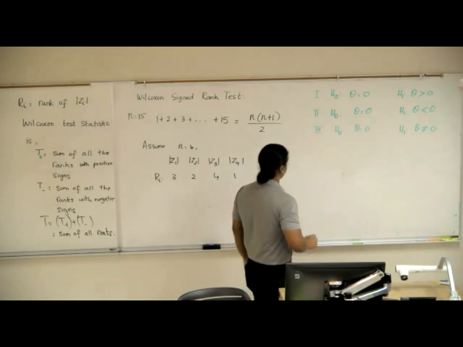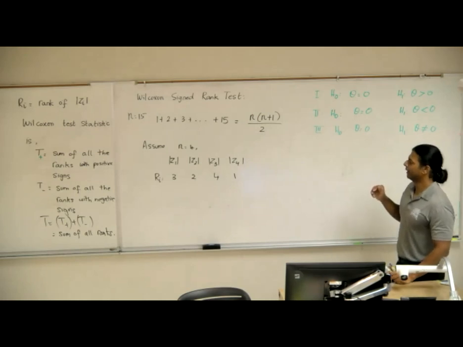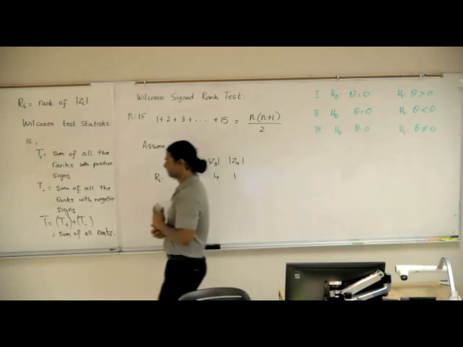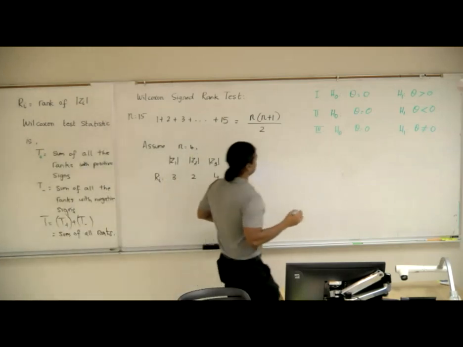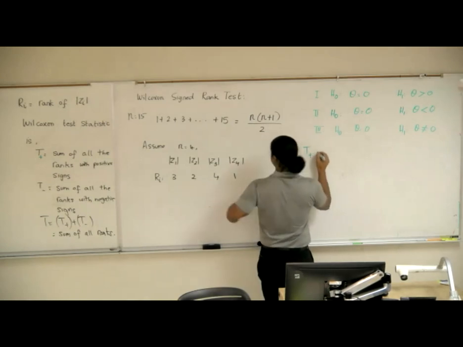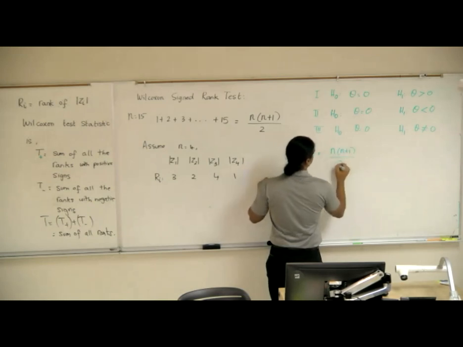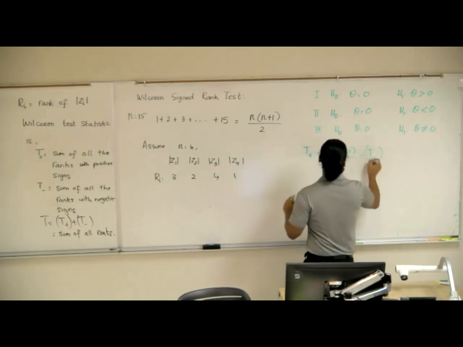So under the null, if there are no differences at all, we will have a distribution which is the Wilcoxon signed rank distribution. If I sum all the ranks, it will end up as n times n plus 1 over 2. Correct? So T plus is simply n times n plus 1 over 2 minus T minus.